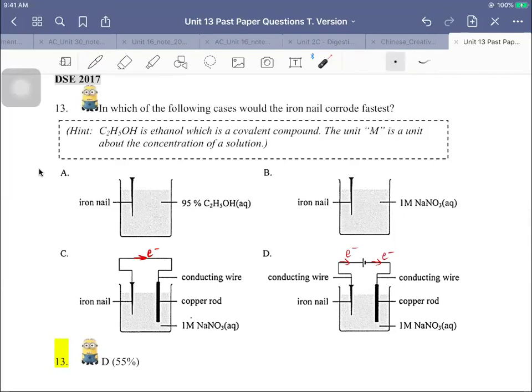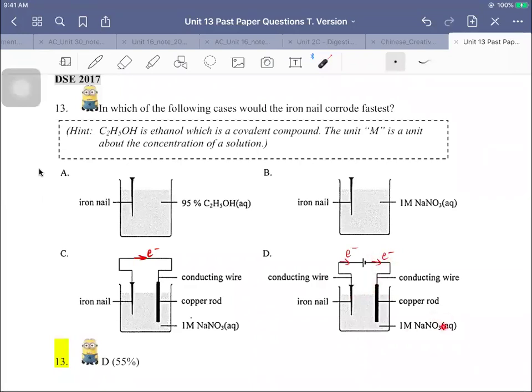That's from the iron nail. Besides iron losing electrons to copper, this battery further provides a driving force or a pulling force that gets the electrons out from the iron nail. So for condition D, there are 3 factors that speed up the rusting process.